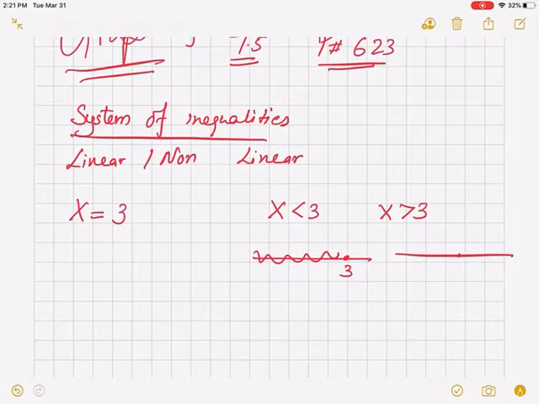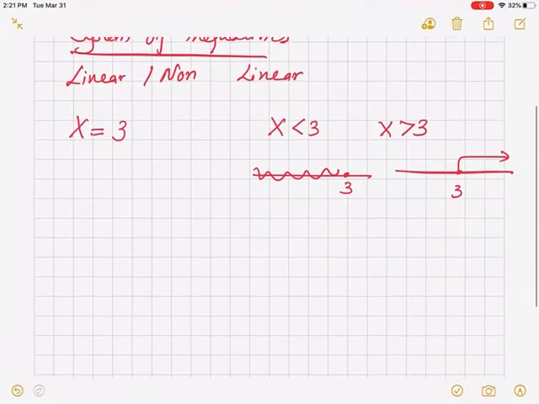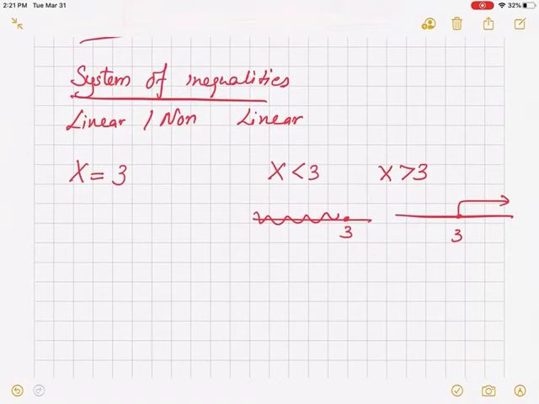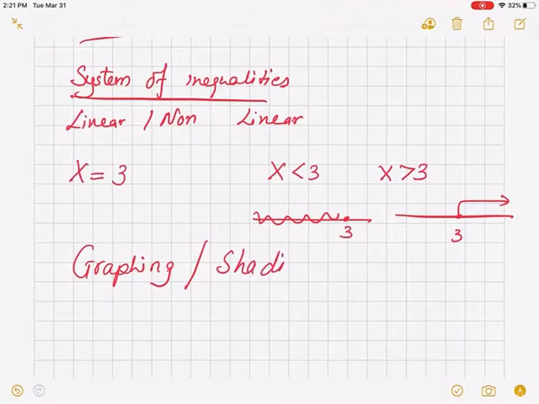If it's greater than 3, it's everything bigger than 3. So it's not one exact solution. You'll see a whole section on the graph. So in order to do systems of inequalities, you have to use graphing, and later on we're going to be shading that.